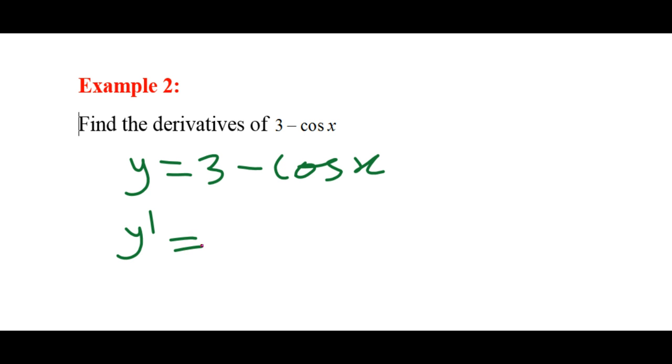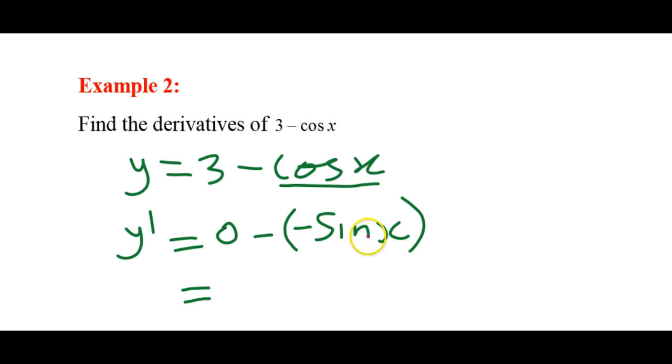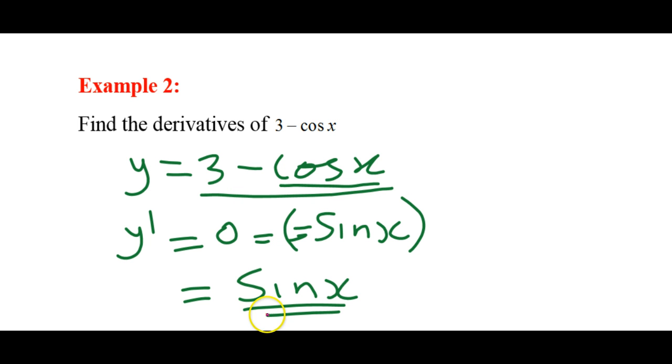If I differentiate 3, I'll get 0. Minus differentiating cos x will give me negative sine x. And so the result will be sine x, because this and this will give you a positive. And so the result for differentiation of 3 minus cos x is equal to sine x.